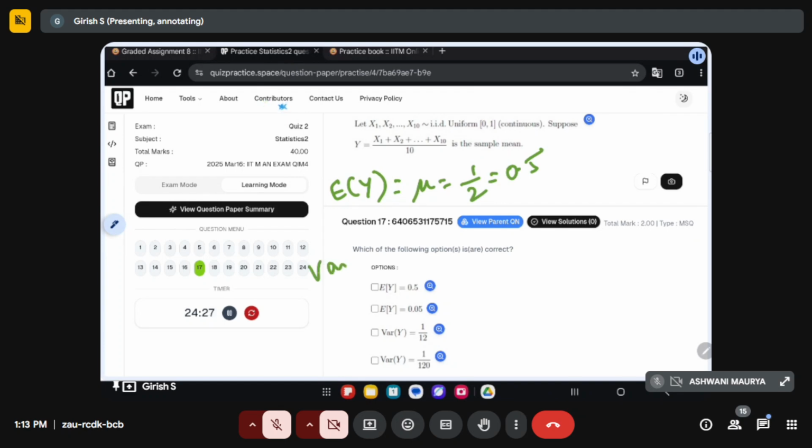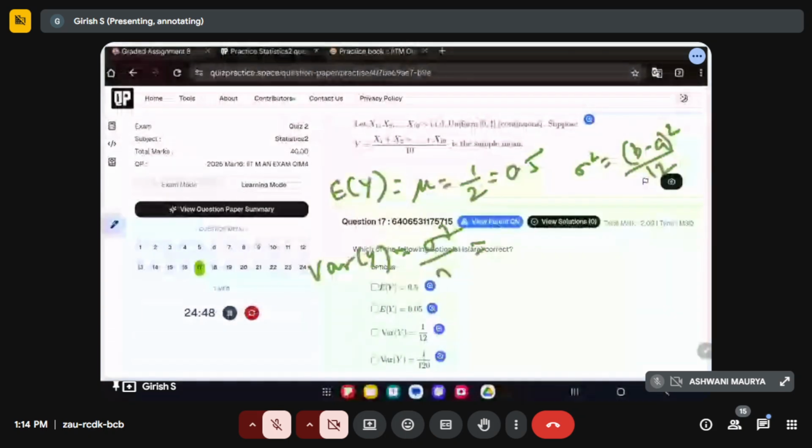And variance of y, if you calculate it, will be sigma square by n. For uniform distribution, the variance sigma square is, I think, b minus a whole square by 12. So b minus a whole square by 12 will be 1 by 12.